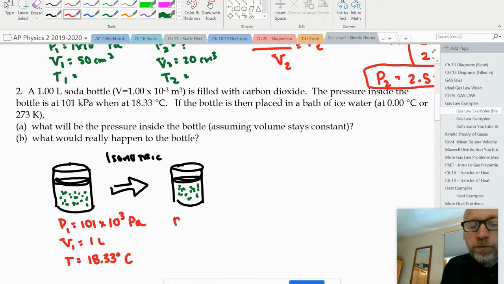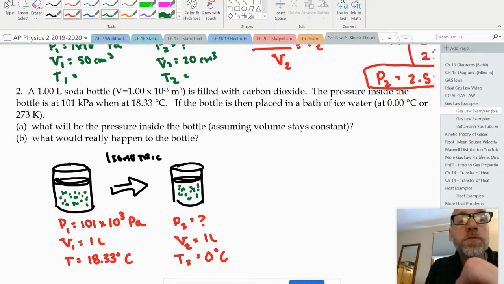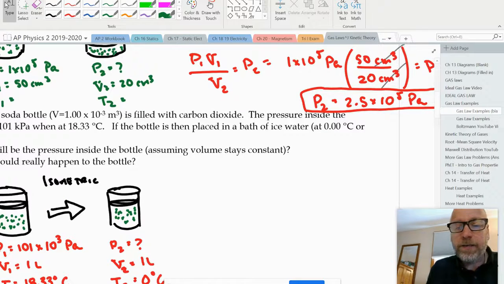Now, pressure 2 is what we're trying to find. The volume remains 1 liter, and the temperature is 0 degrees Celsius. So it's a closed system. In some ways, this is a pretty easy problem. Actually, it is an easy problem.